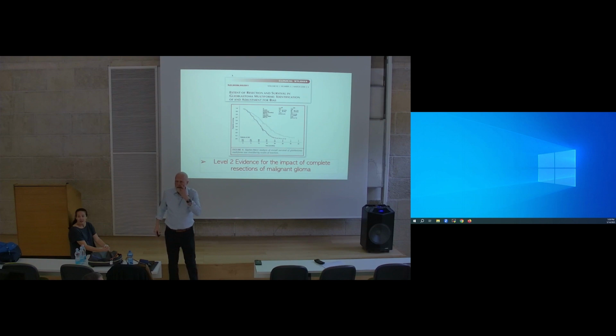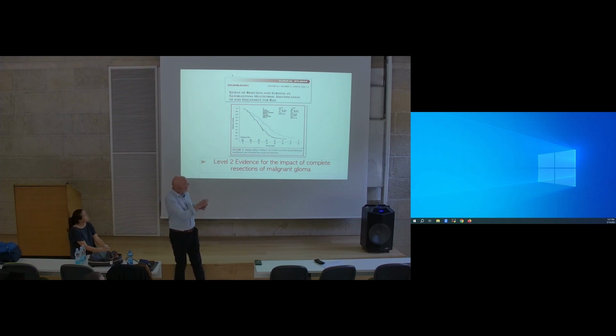Please. So what does the level of evidence here mean? The level of evidence is coming from the situation that both groups are adjusted for bias, so that the only difference between both groups, and that's now the important point, is the extent of resection.